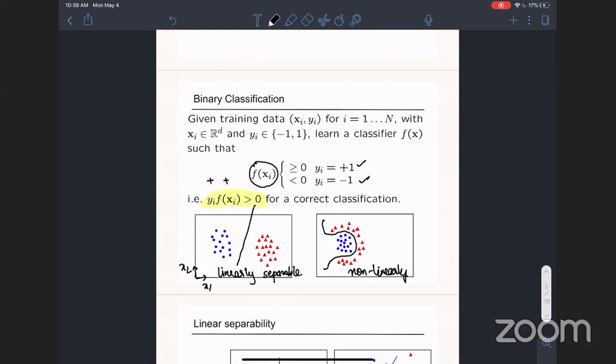If your prediction was negative class and the true label was also negative, this product would again be positive, right? And if the product happens to be negative, that means it's a misclassification, right? So this equation or the model that we want to learn can be thought of like this, right?